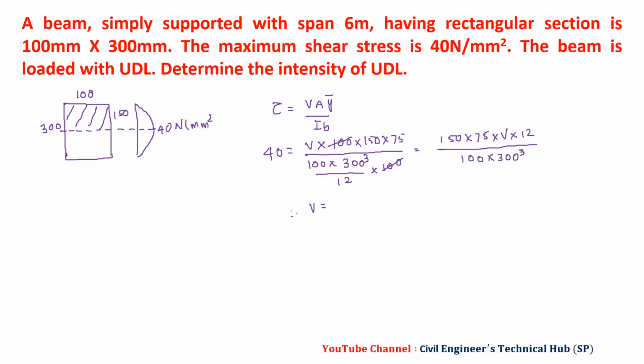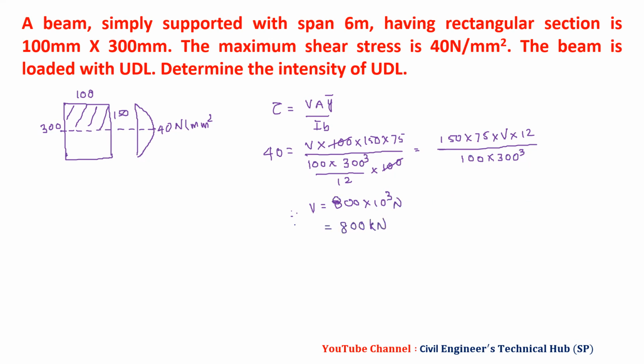So we have 100 into 300 cube multiply by 40 divided by 150 into 75 into 12, and this value comes 800 into 10 raised to 3 newtons. So that is 800 kilonewtons.